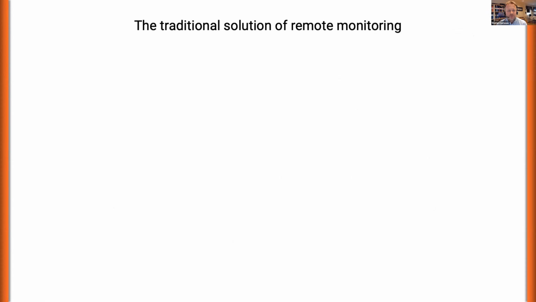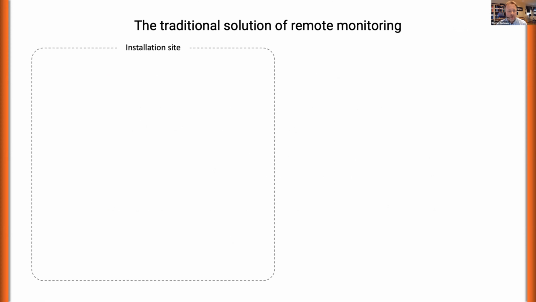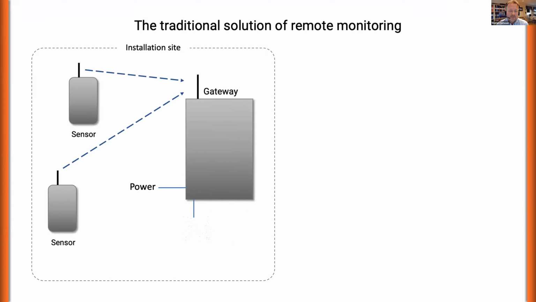So let me show the traditional solution of remote monitoring as it has been. You have, of course, an installation site where you want to monitor things. You have different sensors. It could be temperature, humidity, or whatever. And they usually transmit their data to a local gateway that is connected to power, and usually a 2, 3, or 4G modem.